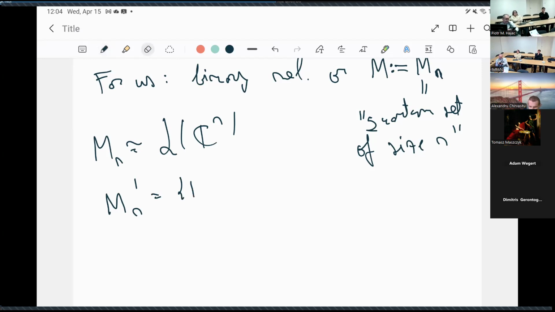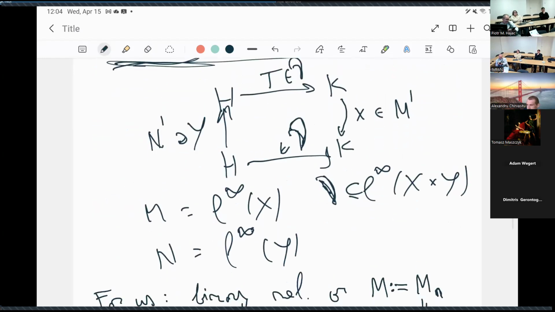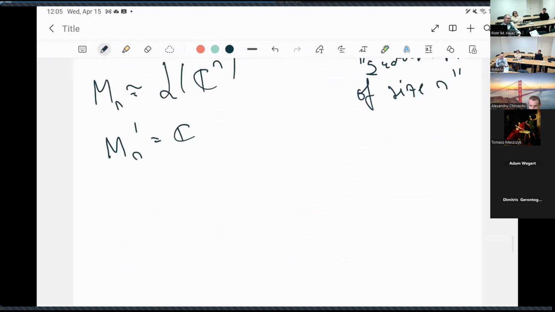Well, it's not this, is it? It's C, is what I mean. Its commutant is just C. So invariance under this composition that we were a bit confused about is nothing at all because it's just scaling. If M prime is C and N prime is also C, I'm just scaling, so I'm not doing anything.